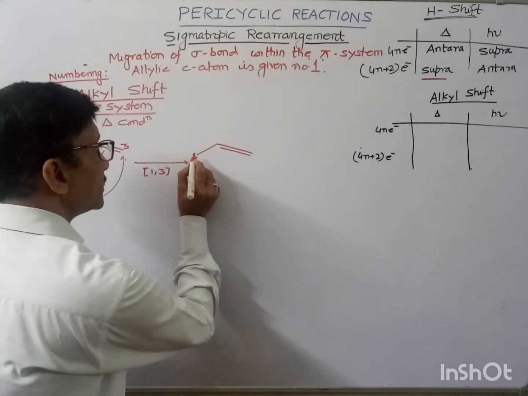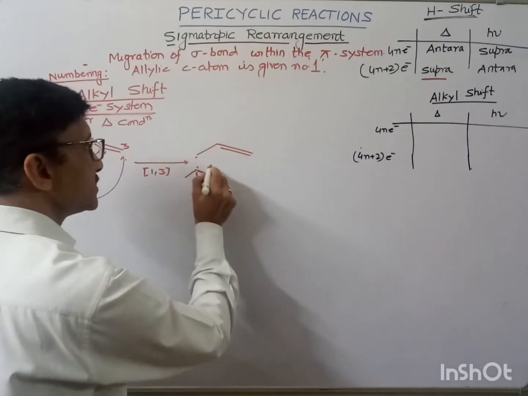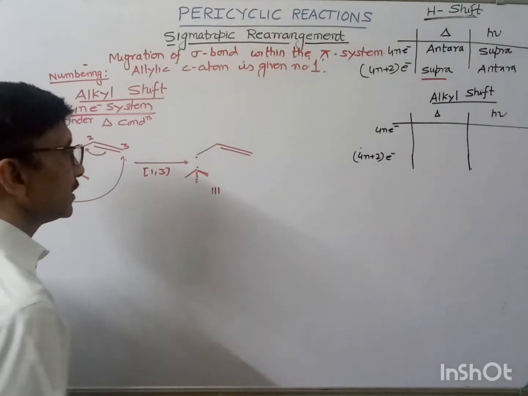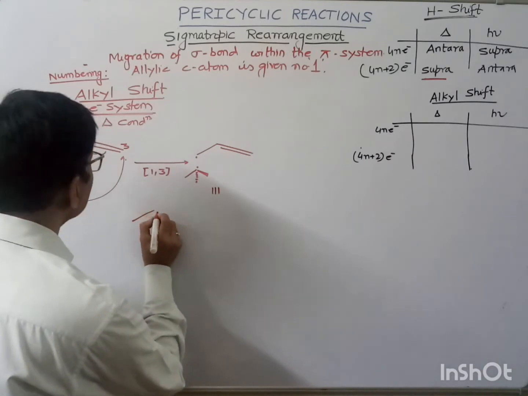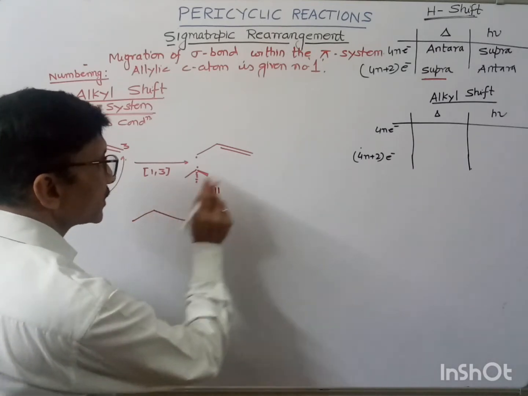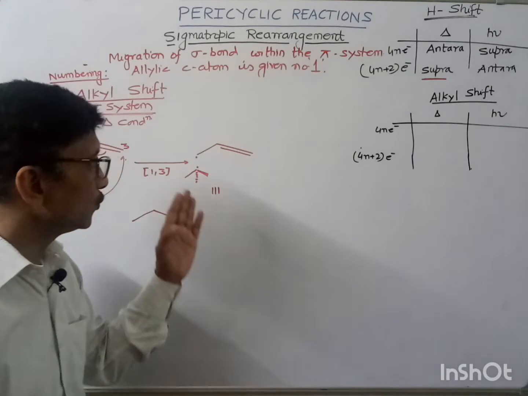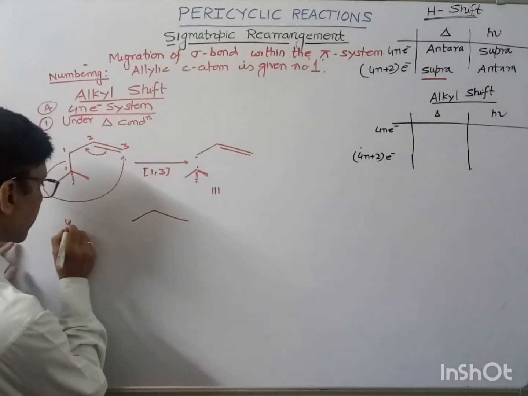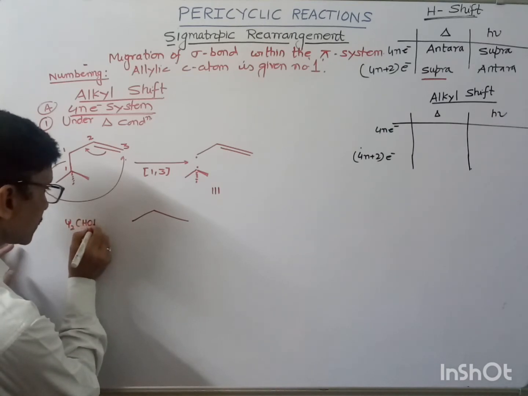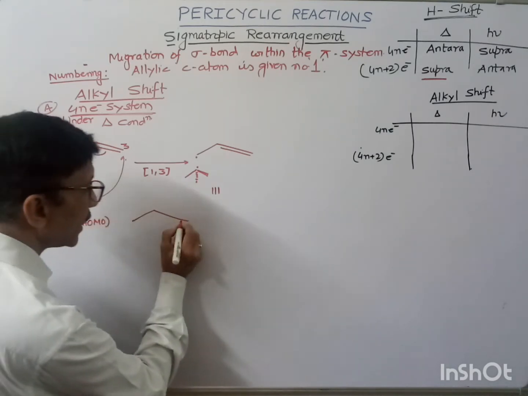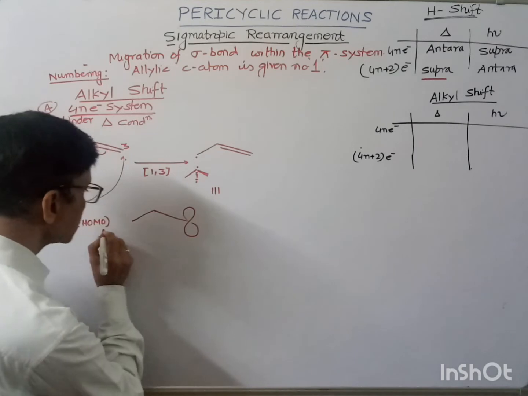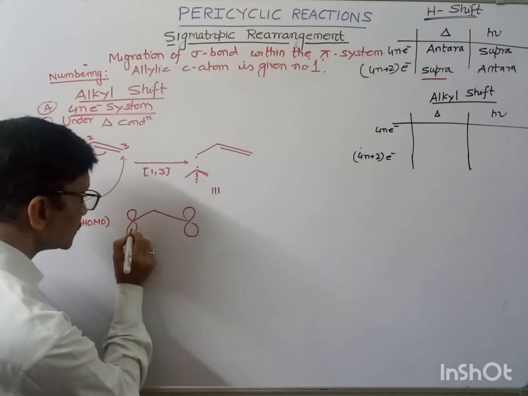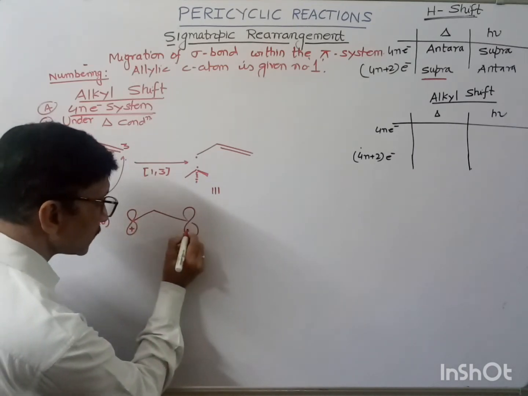Again, this is our allylic radical, this is the alkyl radical. Now for the allylic radical, under thermal condition, I have already told you the HOMO would be psi 2. Psi 2 is the HOMO over here, and this is our plus and this is our minus.